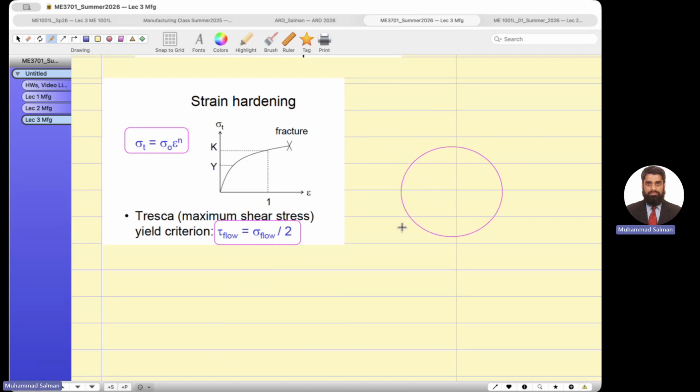At every line, this is my stress, this is my shear stress coordinate. Over here the radius, if you know this middle point is the average, so sigma over 2. That is equal to tau, shear stress flow.